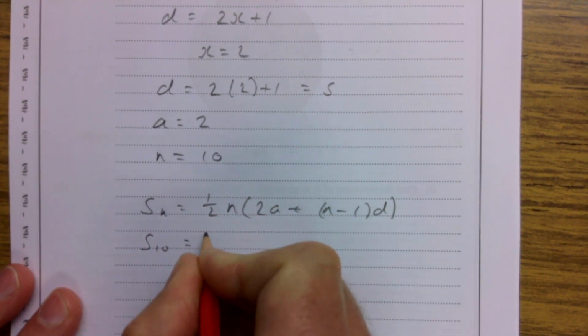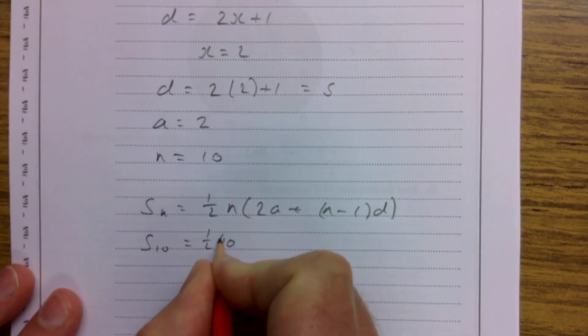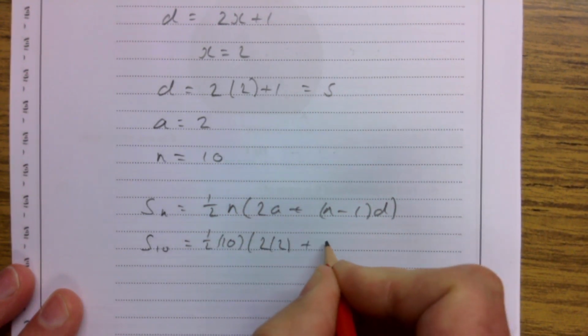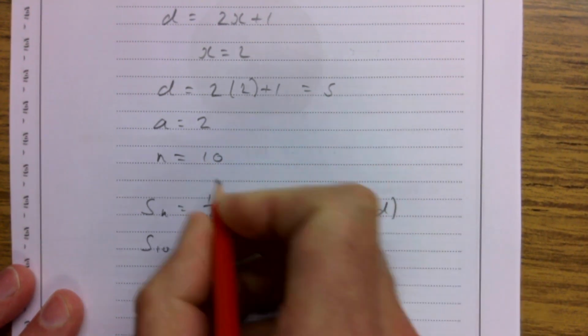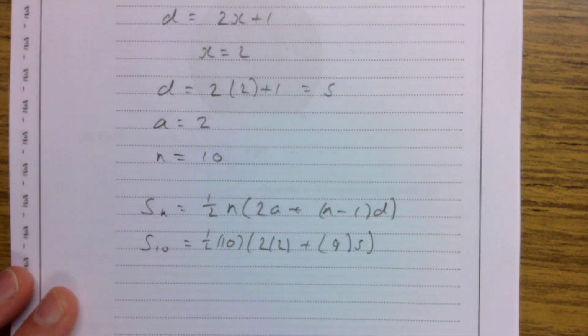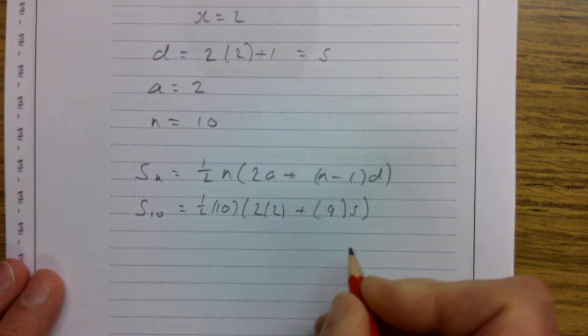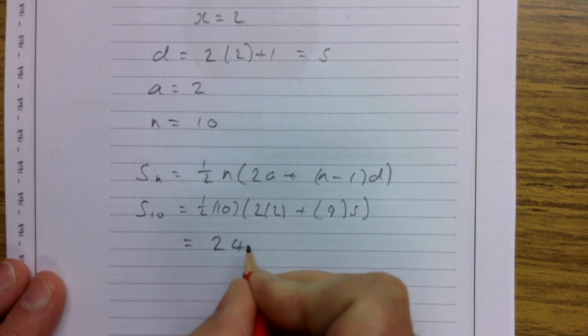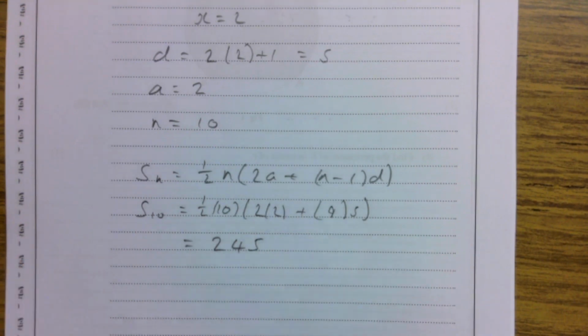Sum 10 is equal to a half times 10 times 2 times 2 plus 9 times 5, and if we do our calculations there and put that all into our calculator, it ends up giving us 245.